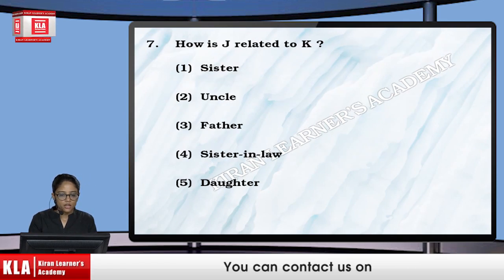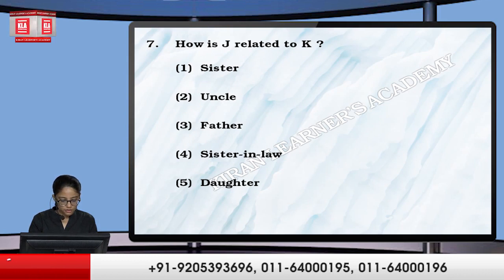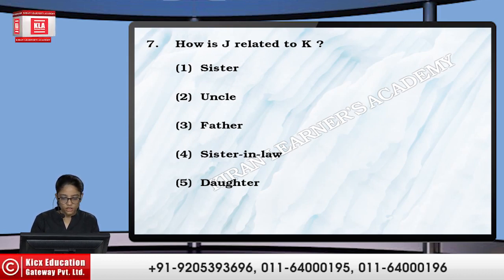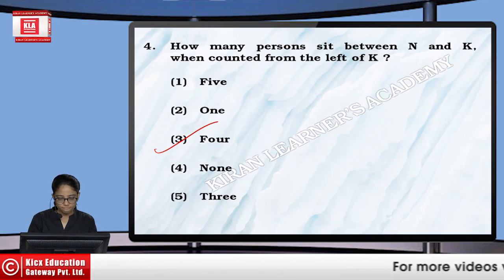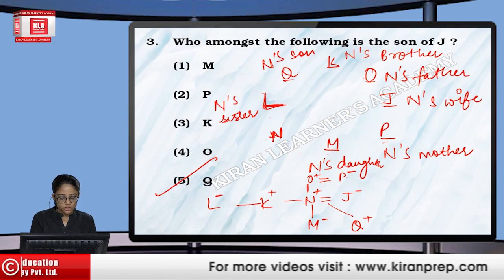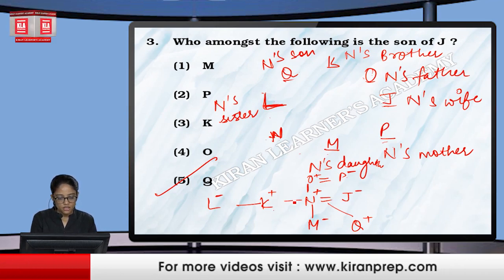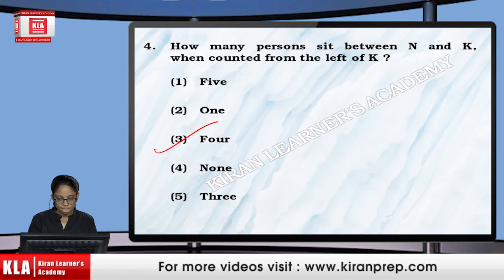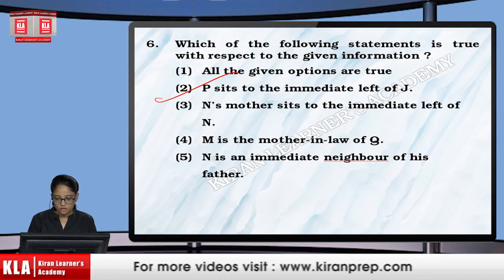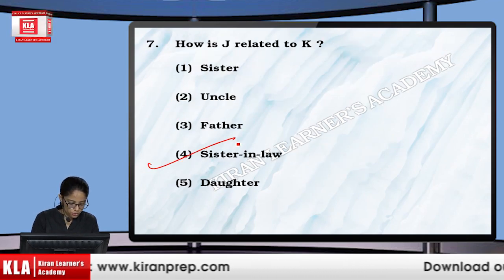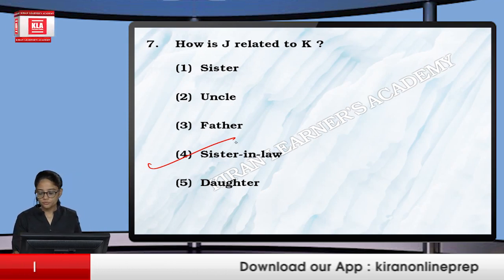Next is how is J related to K? J is N's wife. J related to K. So J is sister-in-law for K. Husband's sister is sister-in-law. So the option will be 4th.